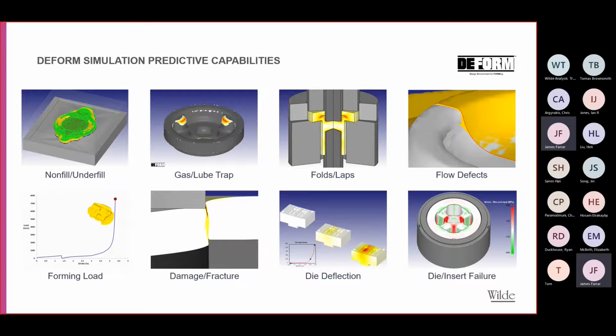Perhaps it's part of the process to shear a material, but also if you're doing more advanced drawing applications, understanding fracture limitations is quite important. And everything that touches the material is going to have a stress in there due to the pressures in the system. So understanding die deflection, die stress and insert fracture in cold forming are very key applications.